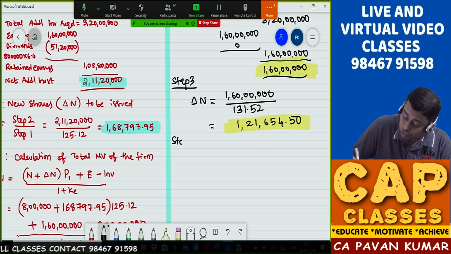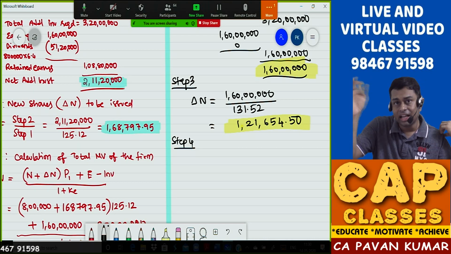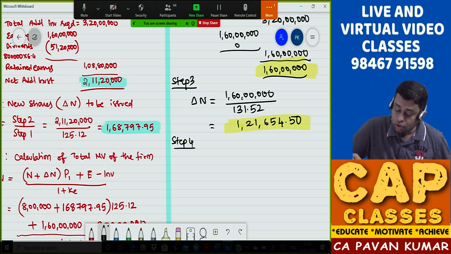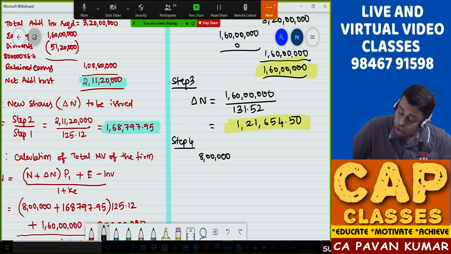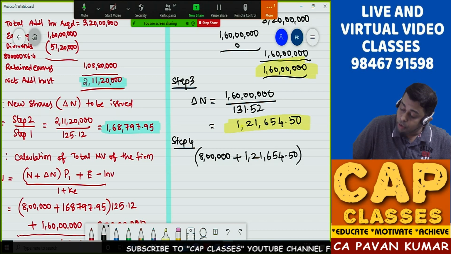Then comes step 4. What is step 4? Calculate the market value of the firm after declaring dividend or not declaring dividend. So total existing number of shares 8 lakhs. New shares as per step 3 is 1,21,654.50, into what is the price? 131.52.